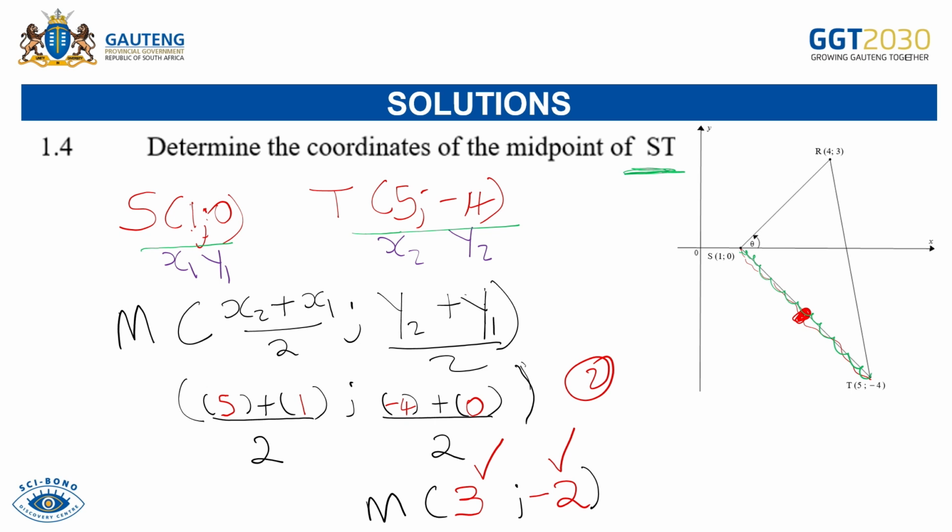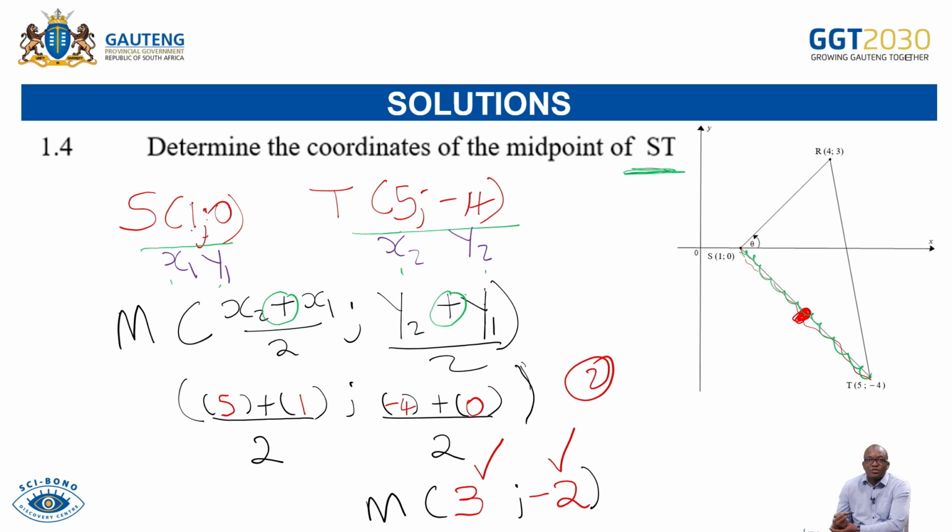The first thing that I said we must do is to indicate from S we have x1, y1, and from T we have x2, y2. And I indicated that you must be careful with this formula because here we are only dealing with positives, not negatives. You'll find that most learners put a negative instead of a positive, and that's where most of the time we get it wrong.